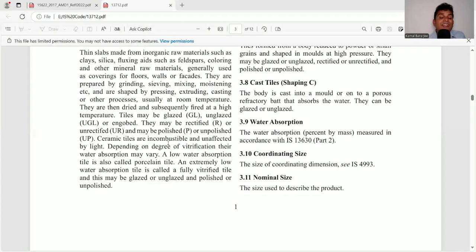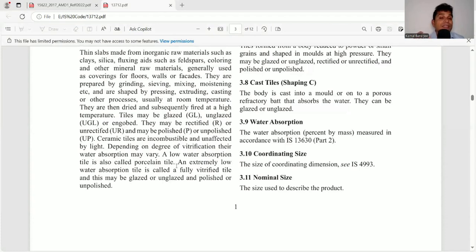Depending on the degree of vitrification, the water absorption may vary. So the most defining criterion is the water absorption. According to the water absorption, the tile category is differentiated. A low water absorption tile is also called a porcelain tile.